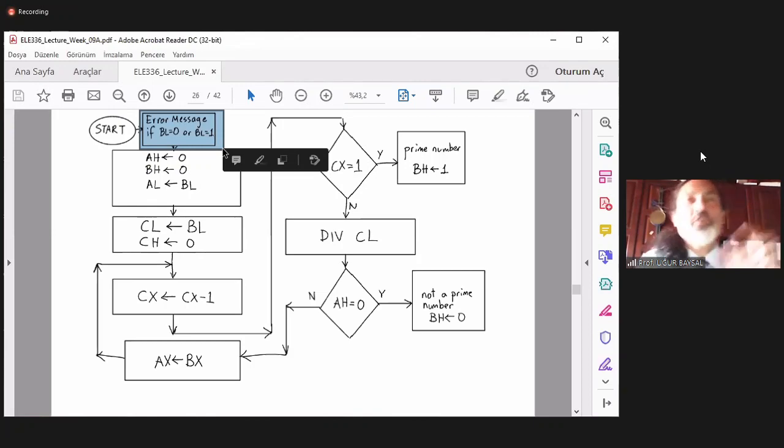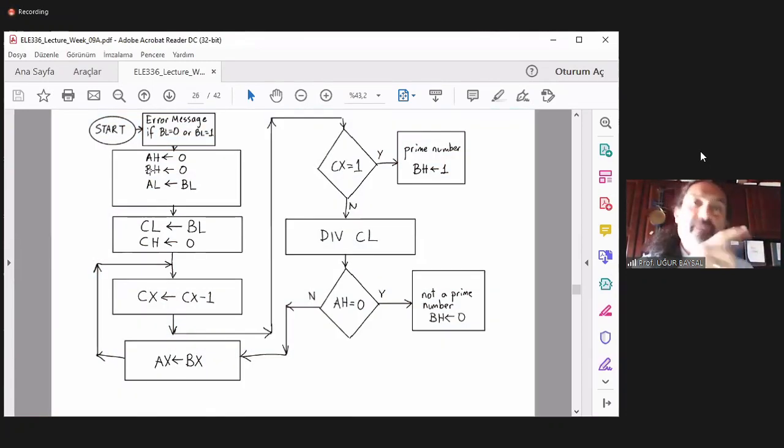So there's a message on the screen to inform the user of the program. And it will say do not enter 0, do not enter 1, because they are not considered as prime numbers.